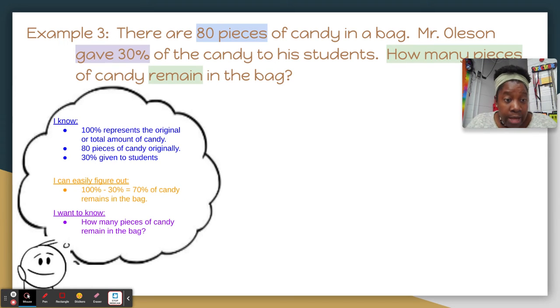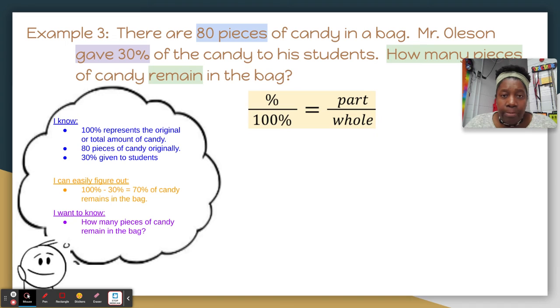And what do I want to know? Well, I want to know how many pieces of candy remain in the bag. So I'm going to use my percent proportion, and I'm going to use all these things that I now know and start putting them in the appropriate places. So 70% of the candy remains.